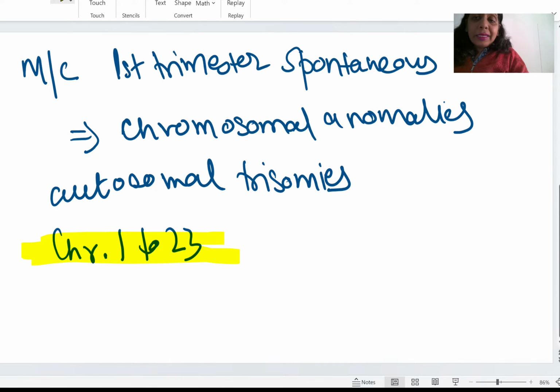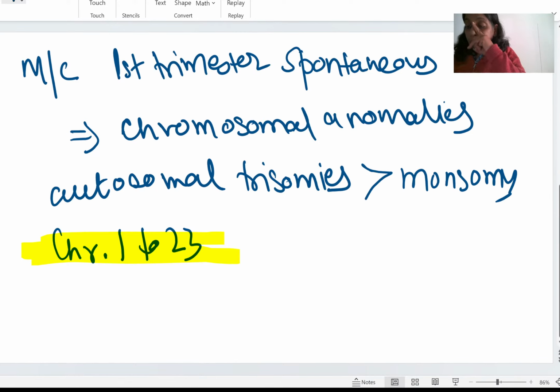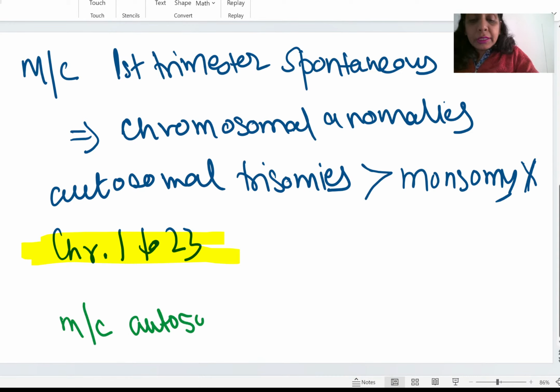Next chromosomal anomaly is monosomy. Monosomy is present mostly for only one chromosome, that is monosomy X, right? Now when they are specifically asking which chromosomal anomaly it is, you have to answer autosomal trisomy.